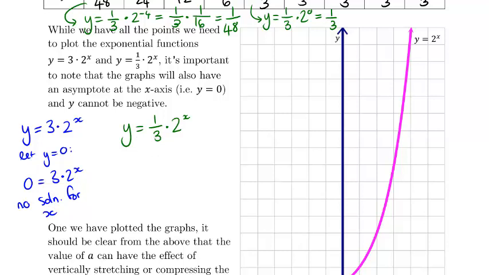And it's the exact same thing over here, guys. If we had to let y equals 0, you would see that 0 is equal to 1 over 3 times 2 to the x. We're left with a false statement. There is no solution for x. Okay. And the same is going to happen as happened before when we make y negative. We'll end up with something which looks weird, and it looks like a false statement at first, but it's not.